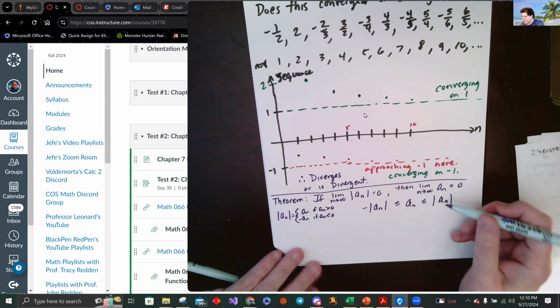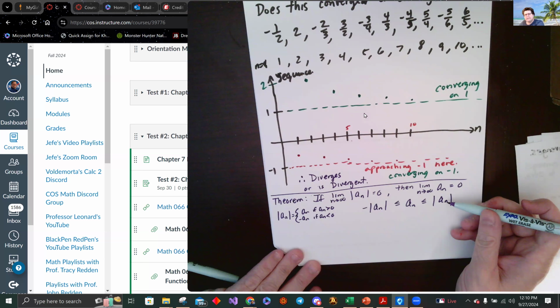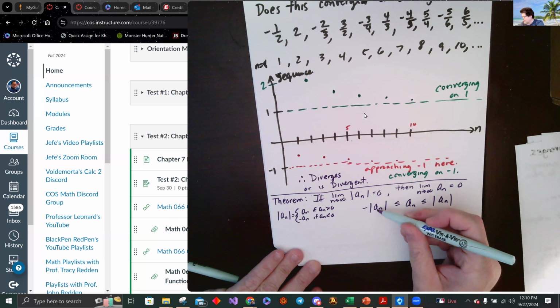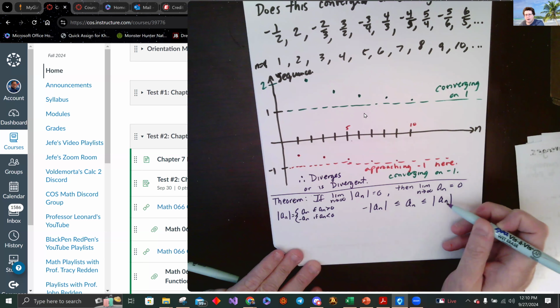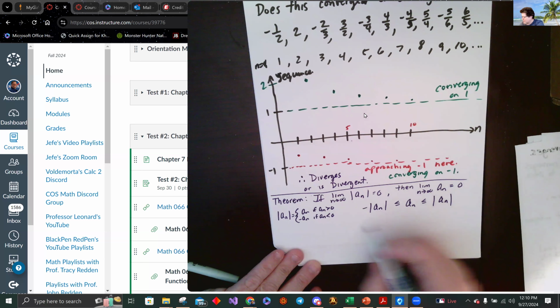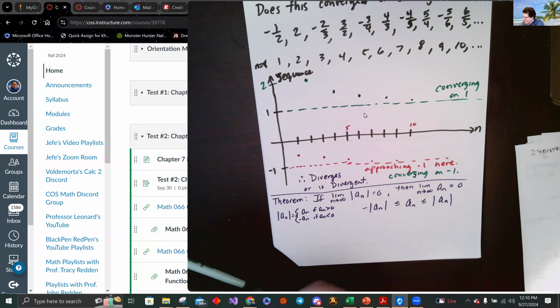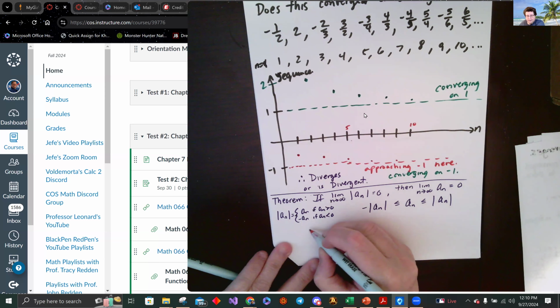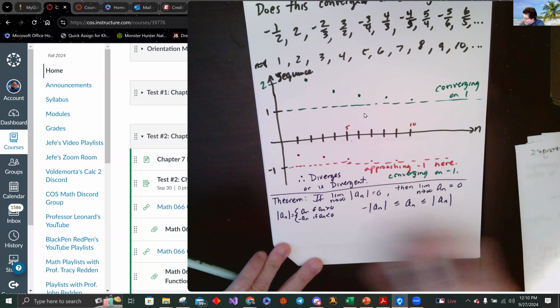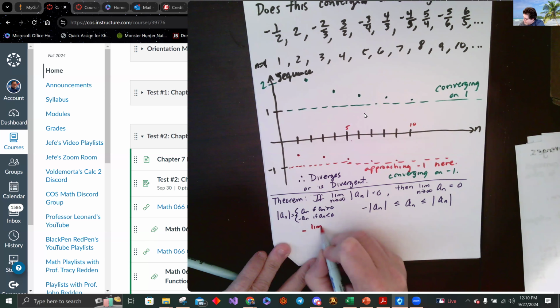Like if a sub n is 3, then this is negative 3, and a sub n is 3. That still meets the requirement there. But now we're going to look as n goes to infinity. I don't know if this definition really helps here. I'll do the limit of everything. I'll pull the negative sign out there.